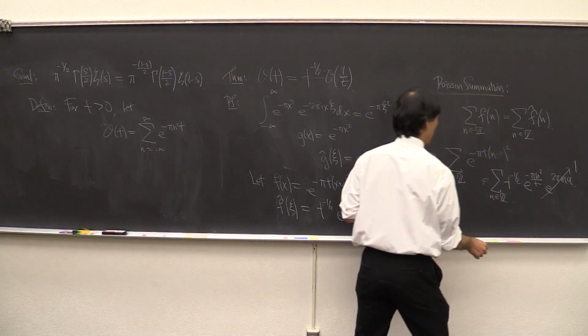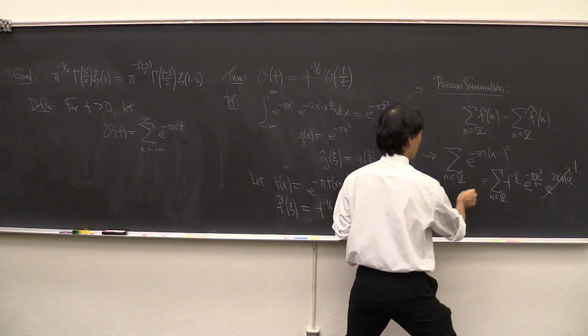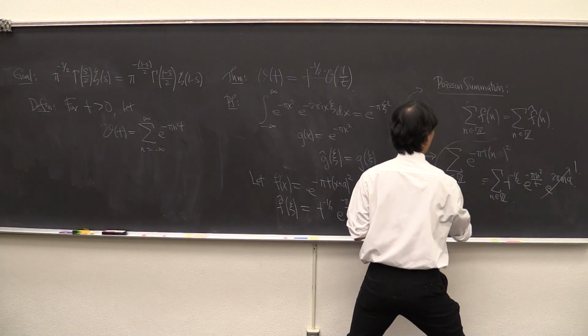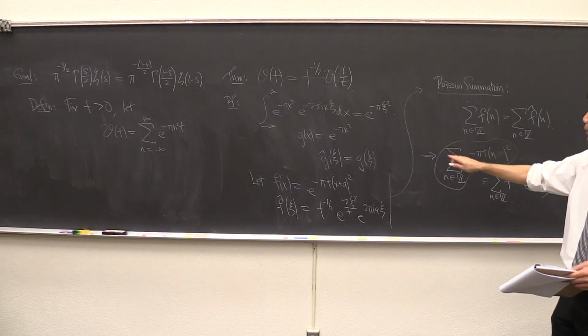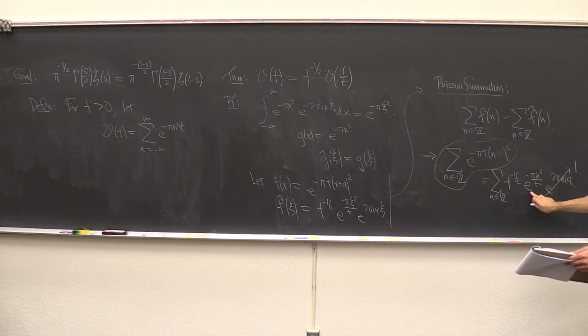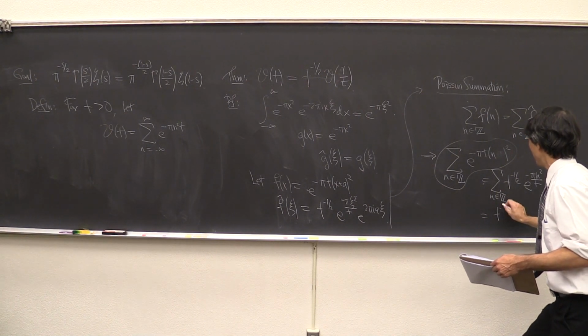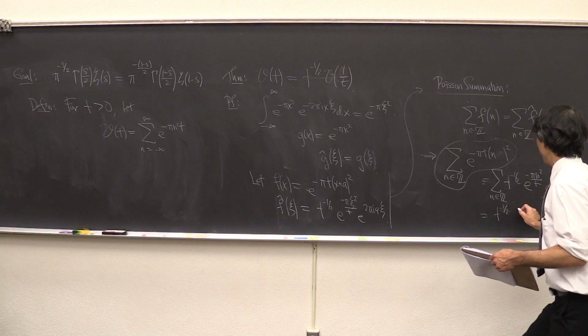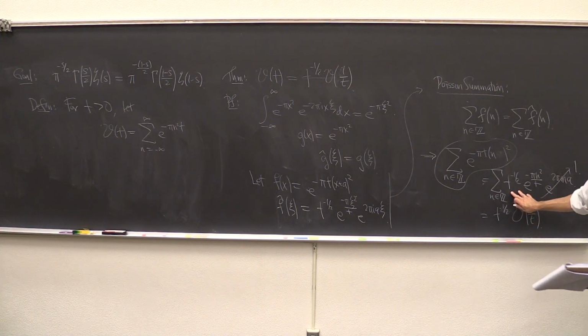If we take a to be 0, this thing turns into 1, and what we get is, well, this thing is the theta function, right? And then this thing is the theta function evaluated at 1 over t times t to the negative 1/2.